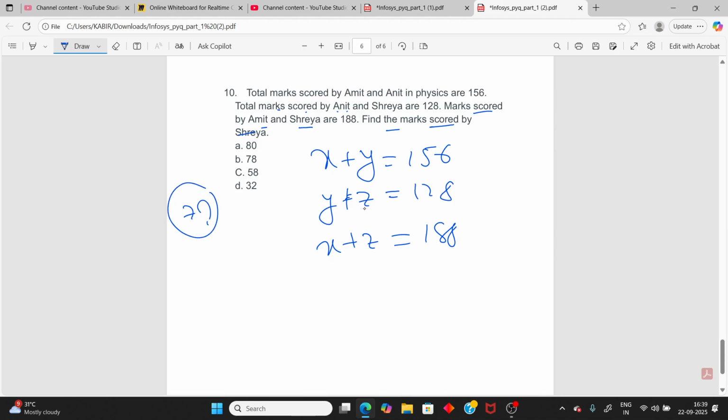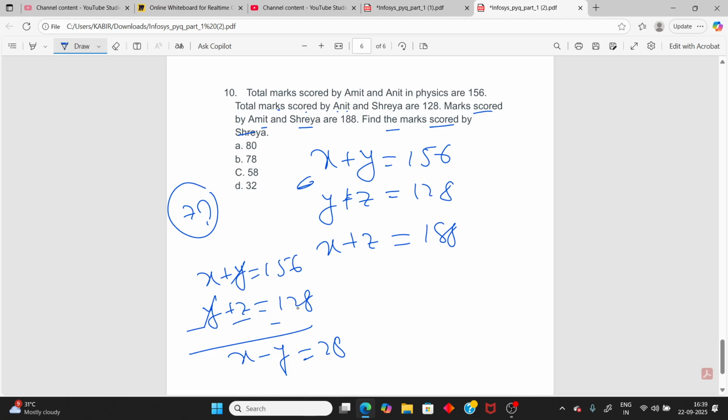Okay. So here I subtract: X plus Y equals 156 and Y plus Z equals 128. I subtract this one, so Y will cancel out. So X minus Z equals 28. Now X plus Z equals 188 and X minus Z equals 28.